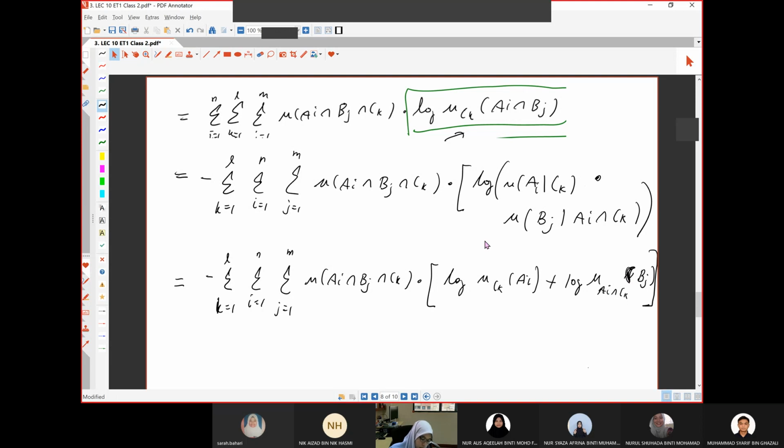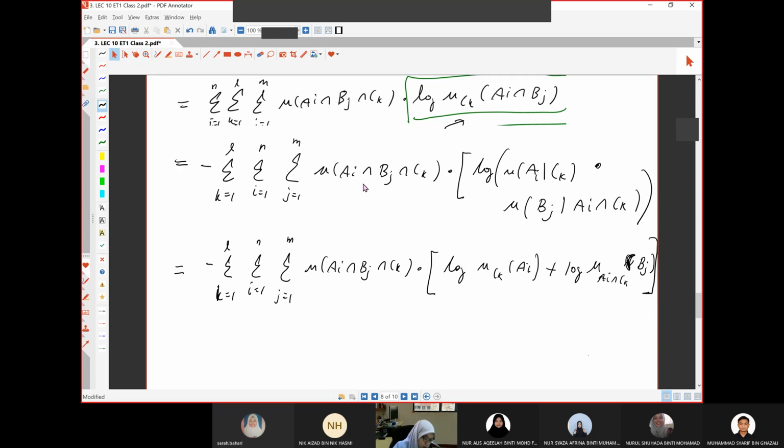Okay, and then you can write the triple sum of mu of AI intersect BJ intersect CK, you just expand.